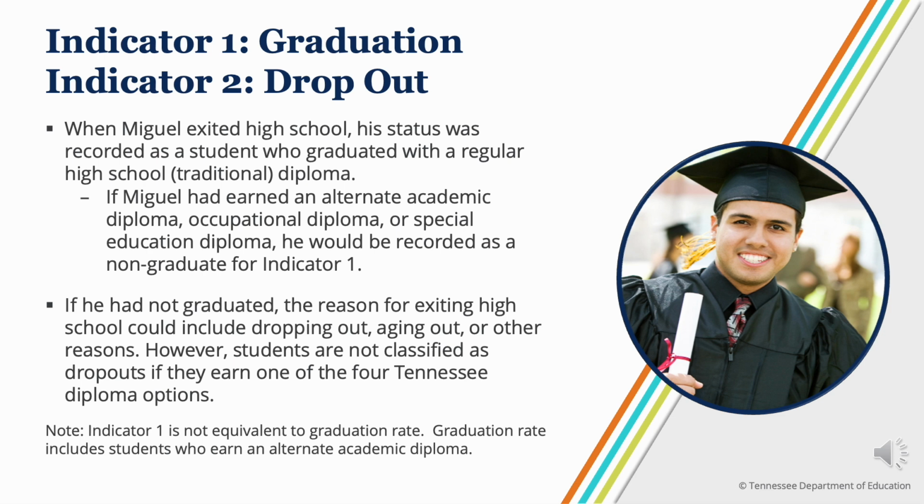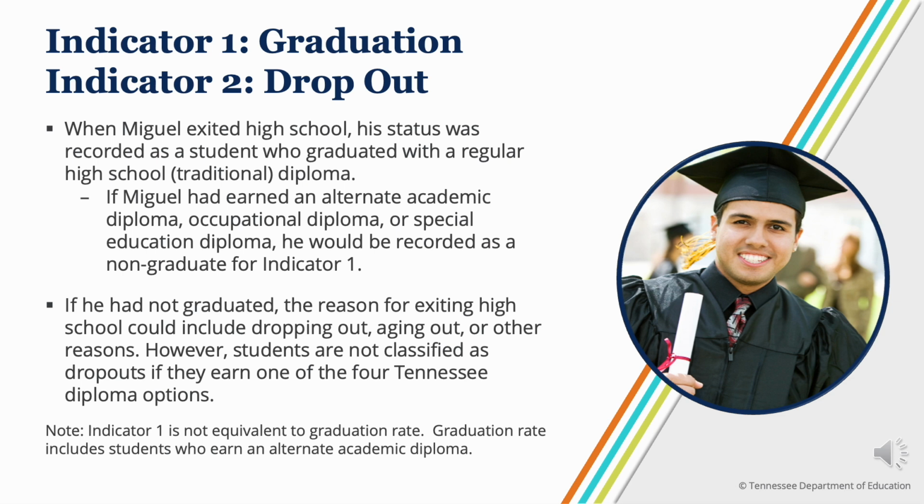If Miguel had earned an alternate academic diploma, occupational diploma, or special education diploma, he would have been classified as a non-graduate for Indicator 1. On the other hand, Indicator 2 measures the dropout rate while also providing insights into the overall graduation rate.